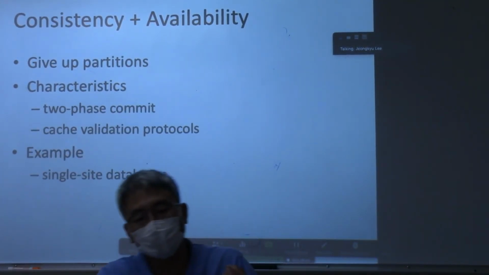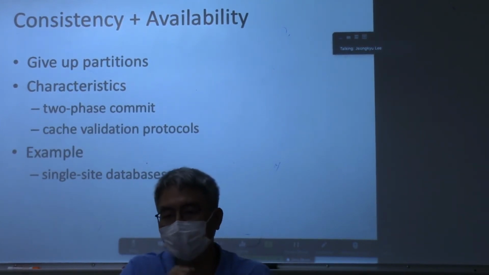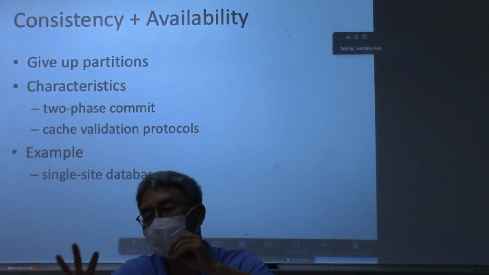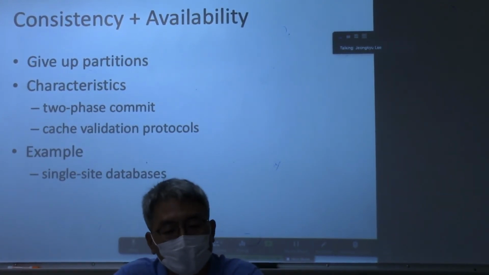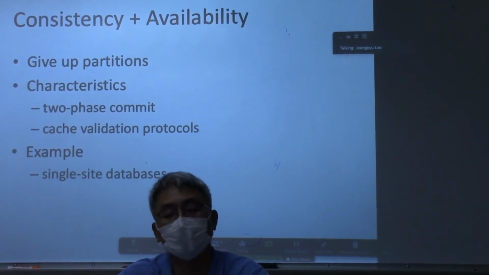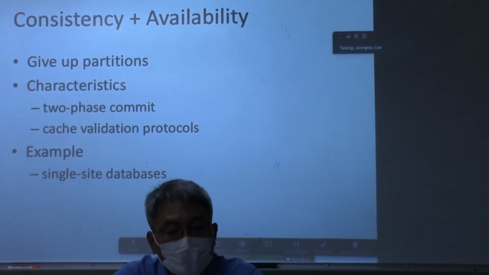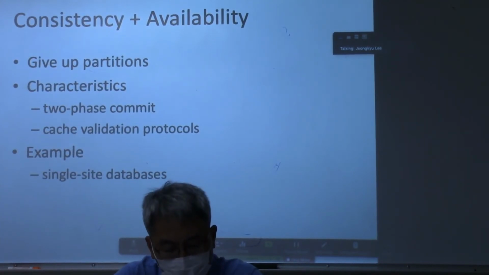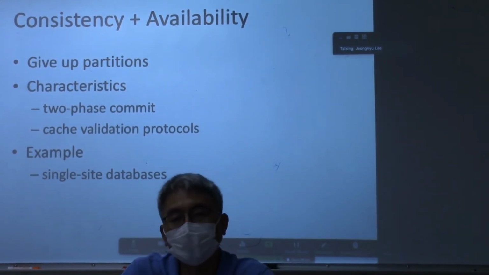To acquire the lock, there are two phases: getting the lock, getting the lock, getting the lock, then release lock, release lock, release lock. So we have learned about the two-phase commit. And also cache management. We have seen the example of multi-version buffer management. In other words, it's a cache validation protocol. Okay, so the example is relational.